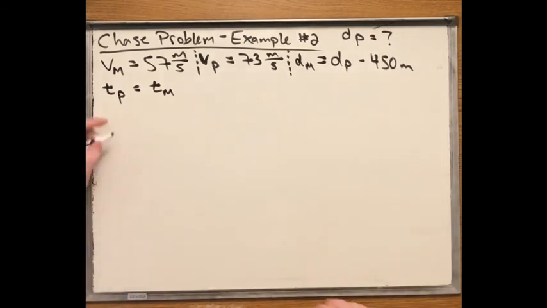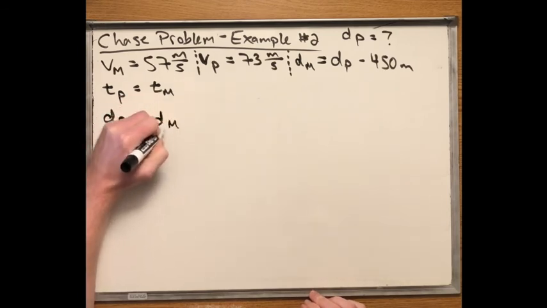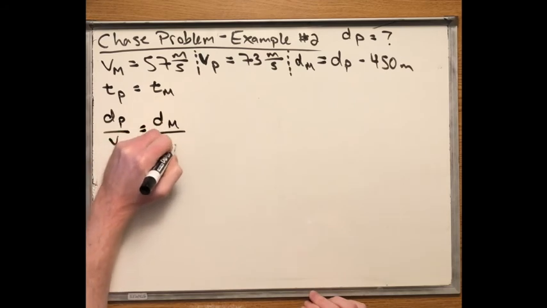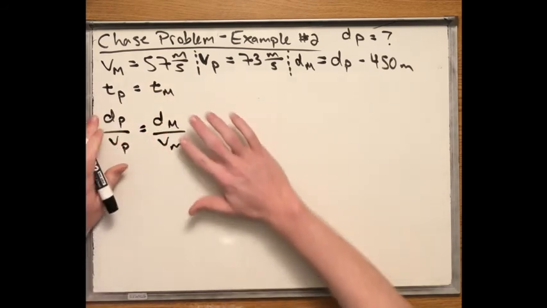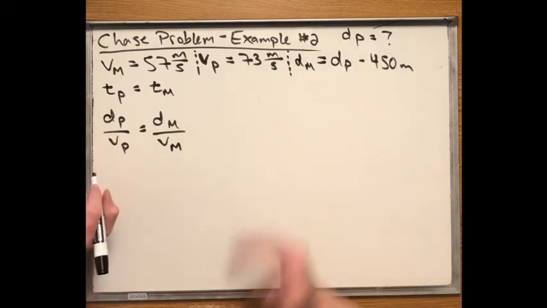So T is equal to D over V. So I can rewrite this over here as dP over Vp equals dM over Vm. But of course, there are variables here that I don't know, specifically two of them. And so I'd like to make my substitution.